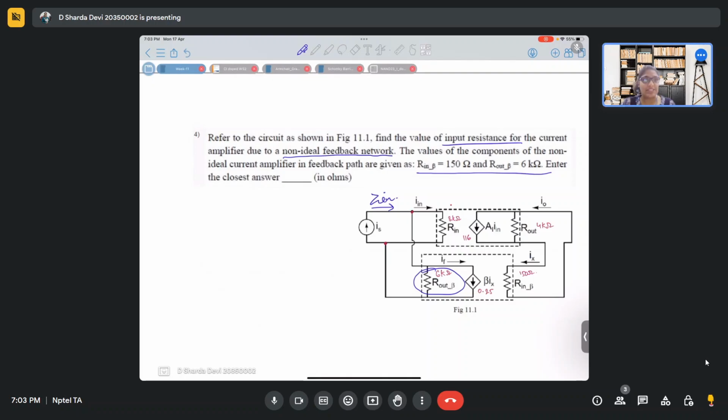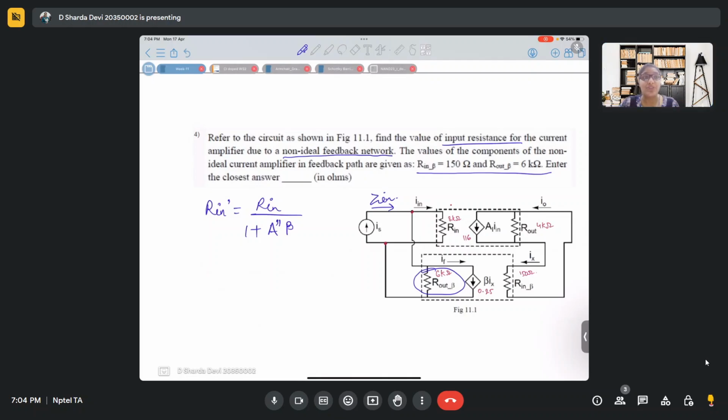Here first of all we'll again have Rn dash as Rn upon 1 plus A beta, but here it is now A double dash. A dash is the one we calculated earlier.